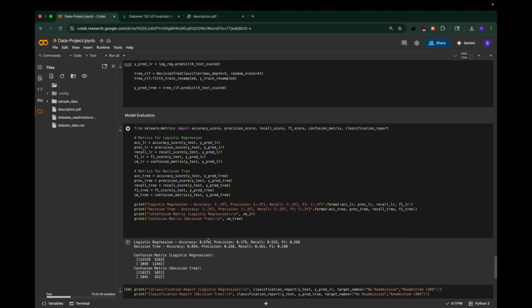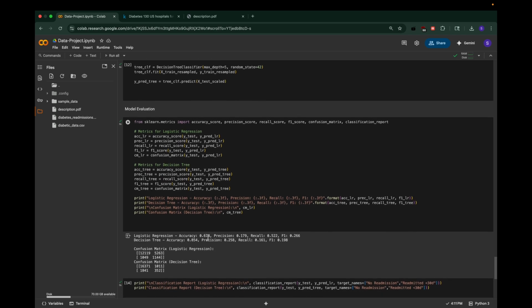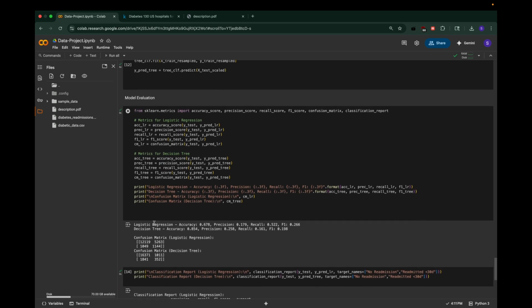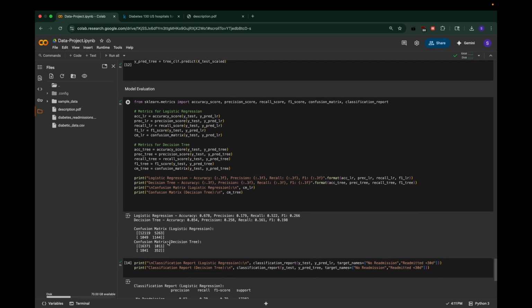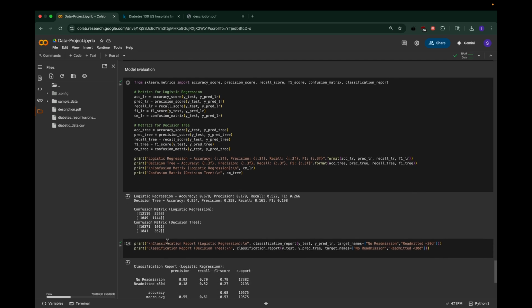From this result we can tell that the logistic regression achieves a higher recall, 0.25, meaning it captures more true readmissions, while the decision tree achieves a higher precision and higher accuracy overall, but has a lower recall, indicating it's missing more positives. And this is the confusion matrix for the logistic regression and the decision tree.